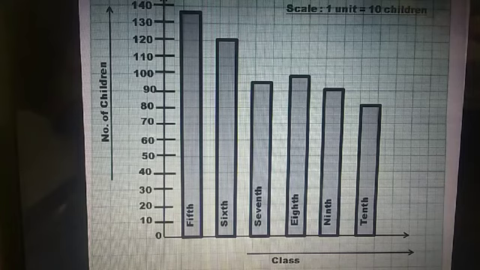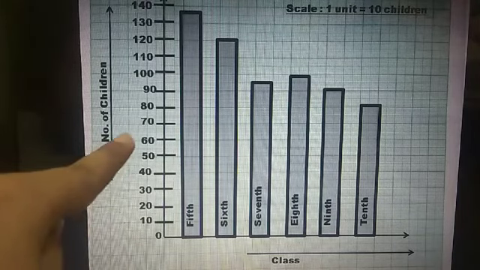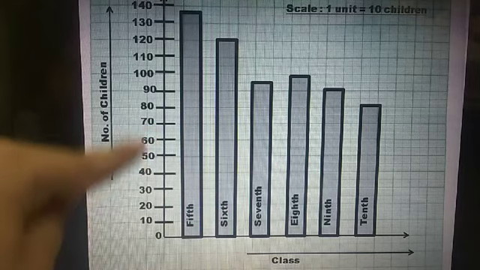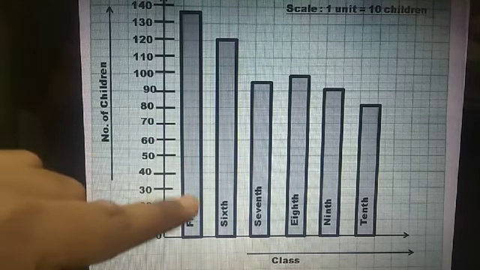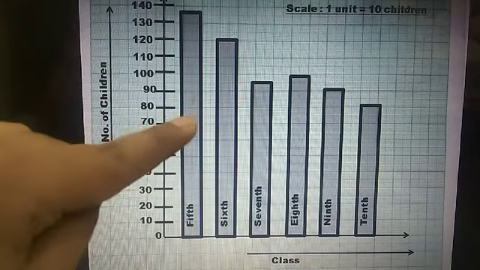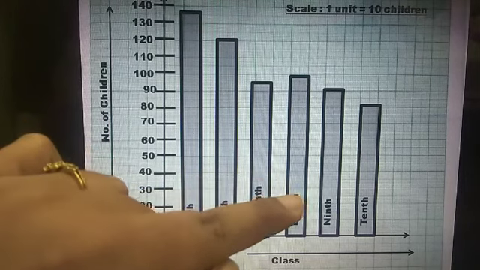Here in the graph, the neatness should be there. You have to draw the axis lines, whether X or Y, on the dark lines. We have to mention the labeling here. We have to draw these bars on the dark line. See, an equal gap is there between each bar.